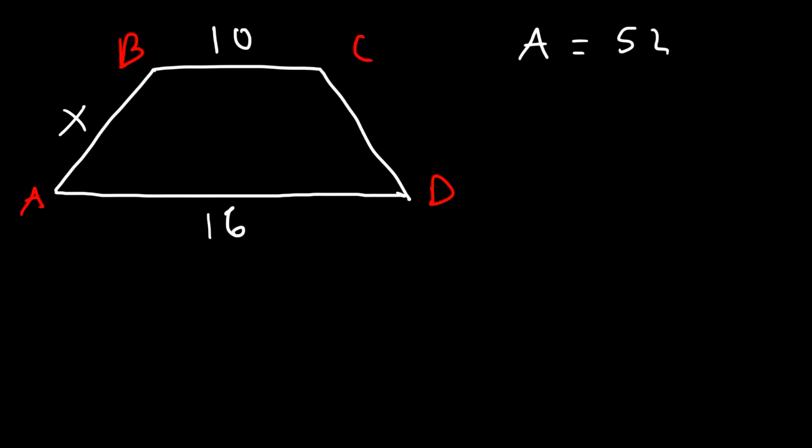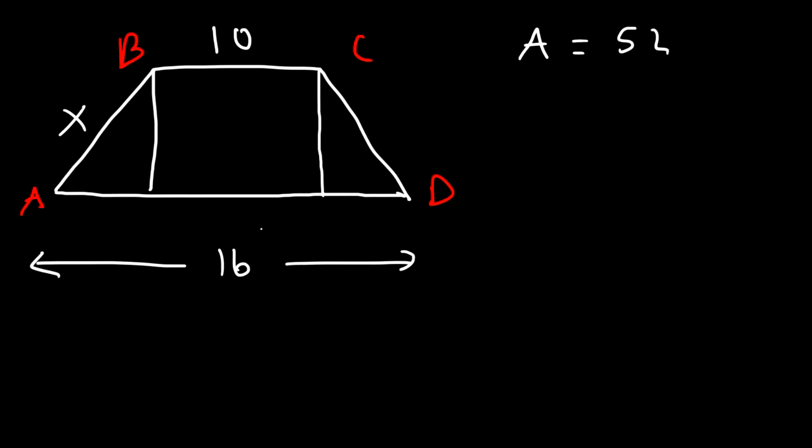So what we need to do is draw the problem. 16 is AD. This part is 10. If we could find the height and the length of this segment, then we can calculate X, because this forms a right triangle. So let's calculate the height first. And actually, it's easy to see what this is going to be.